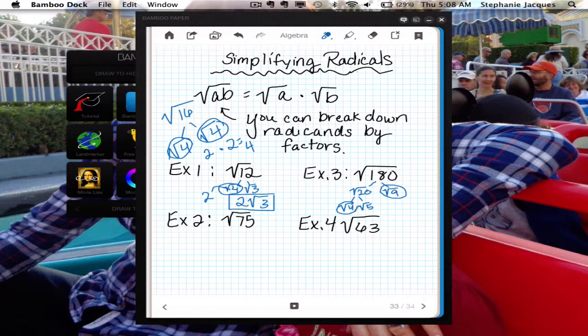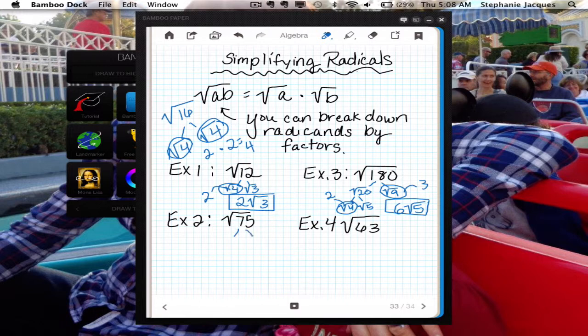I have a perfect square. So the square root of 9 is 3, and the square root of 4 is 2. I take those ones that I popped out of the square root, 2 times 3, and I get 6. Whatever is left over on the end branches, the square root of 5, I just stick right next to it. We could find out what the square root of 5 is by using a calculator, but we're not going to right now.